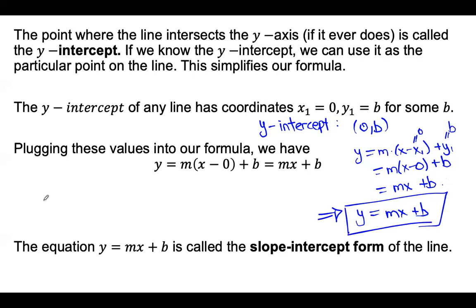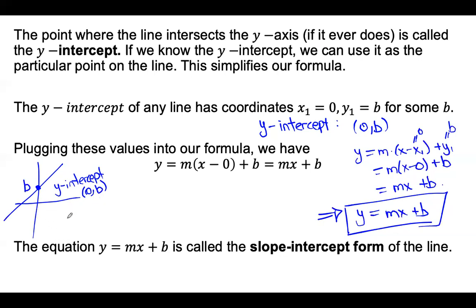And we can, of course, draw a little sketch to understand this. So this would be where our b is, and this is our y-intercept, which is at the point, the pair 0, b.